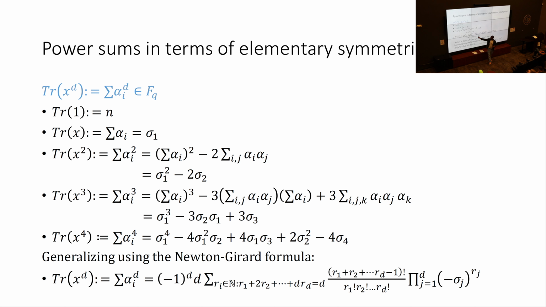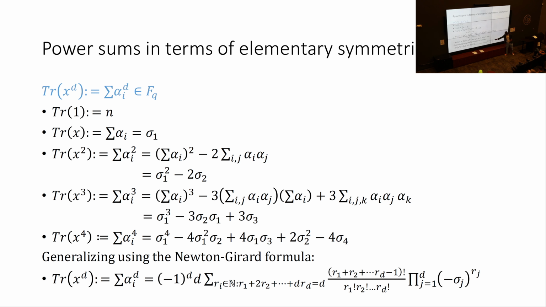You can represent the trace of x cubed in the symmetric polynomials like this. The same way you go for 4, and you can just generalize this using the Newton-Girard formula to have something a bit fancy. But just trust me, this is just the adaptation of this formula in higher dimension.